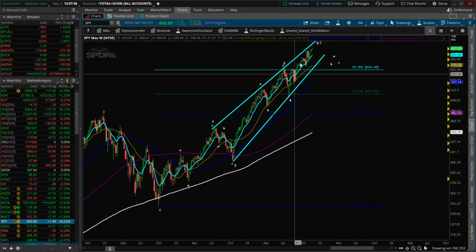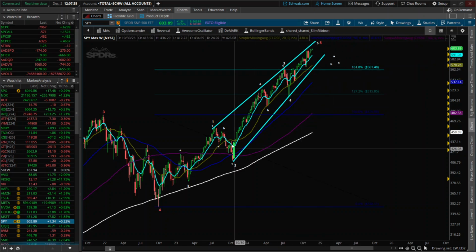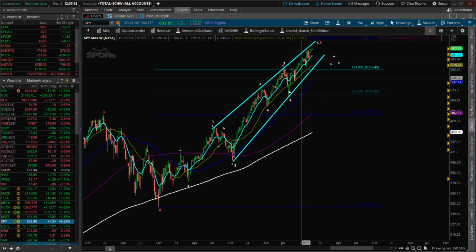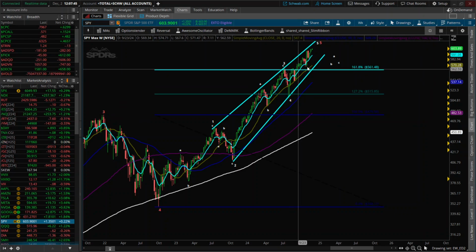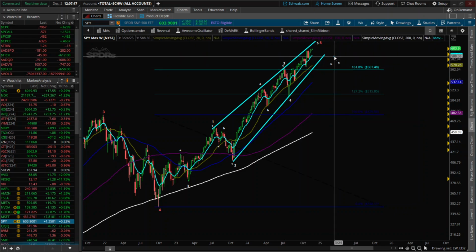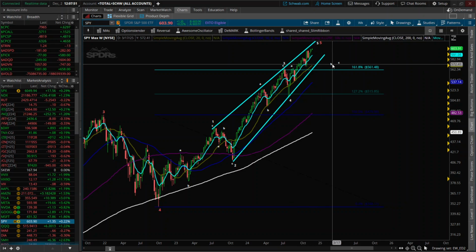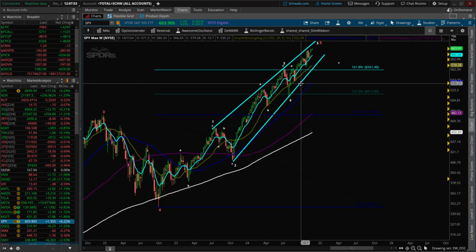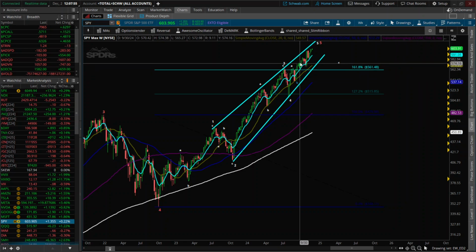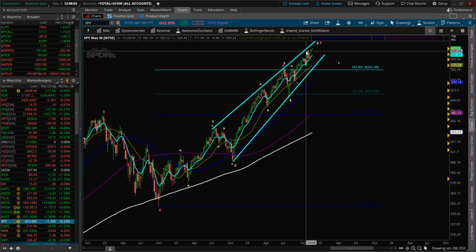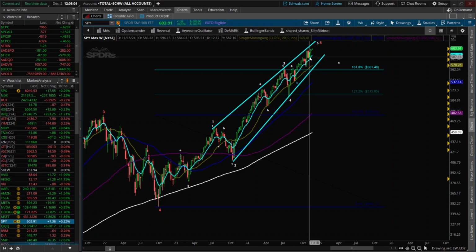I mean, some people can count it as 5 waves, but I could have counted this as 5 waves too. And that's why it's very difficult. So maybe this is the A. I think this might make the most sense. And this is the B. And now we have wave 1, 2. Wave 3 was the Trump bump. Corrective 4.